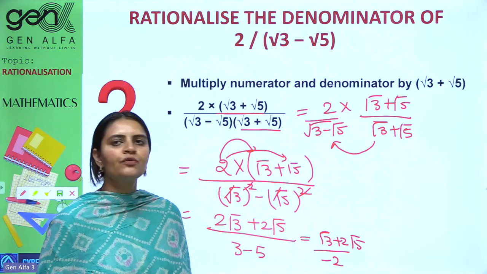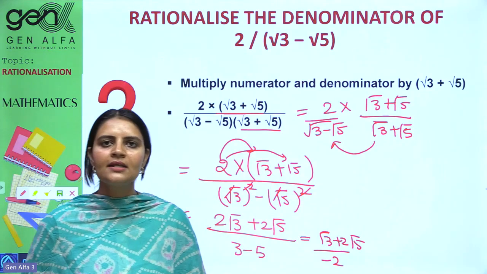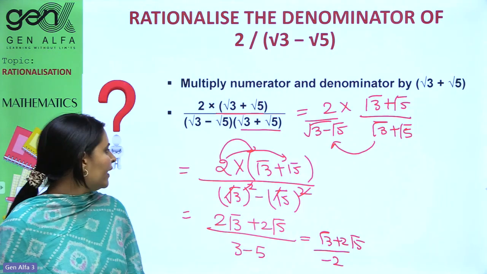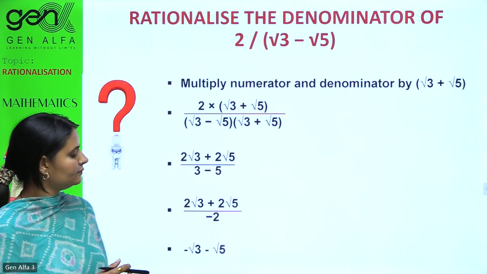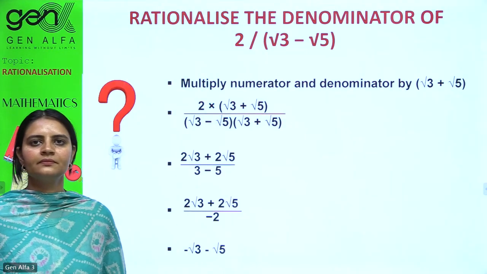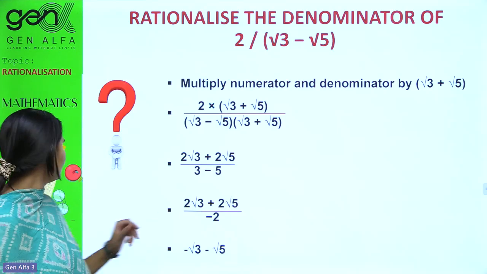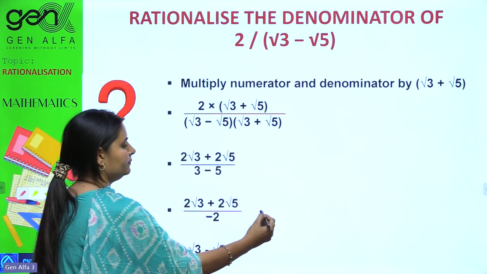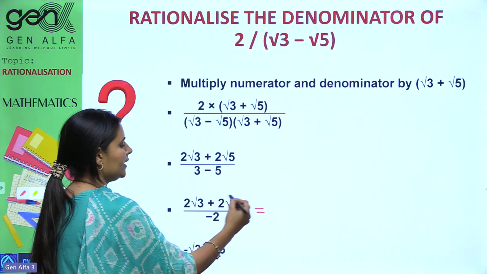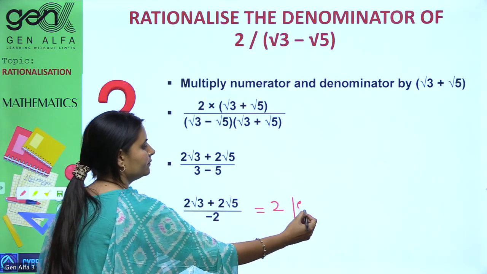So both of the terms will be negative, under root 3 minus 2 root 5. Yes, I have taken this 2 common over here. This is not tough. Just take 2 common out of that.